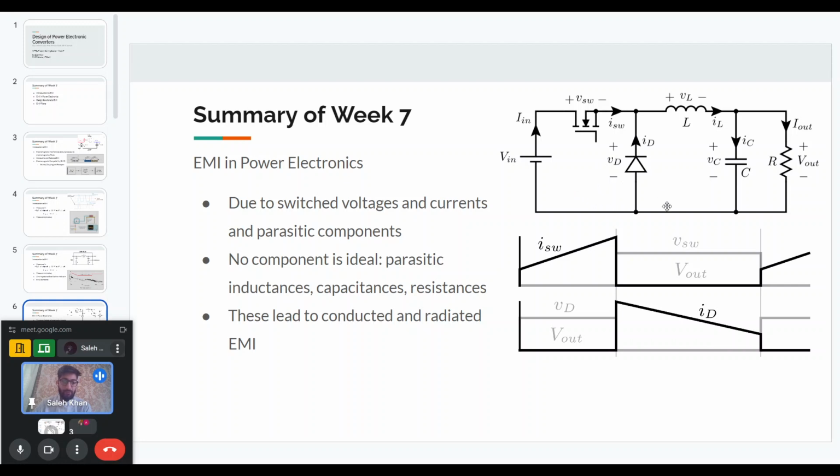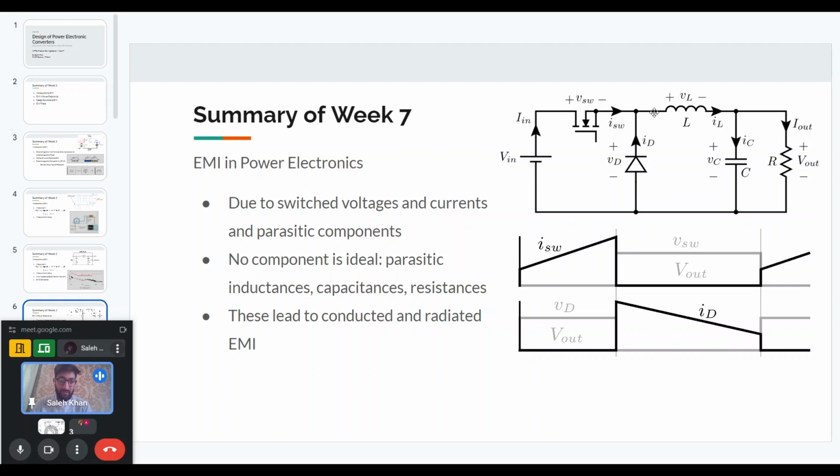And then, as we will see, these components have parasitic capacitances with nearby objects as well, for example, the enclosure of the converter or the heatsink.